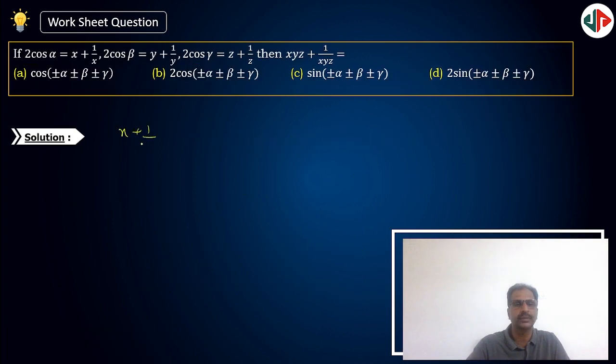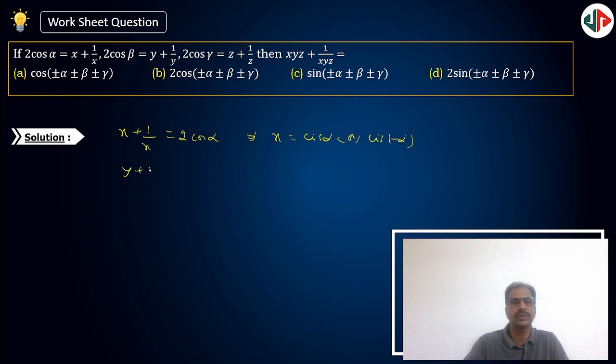This is the short method. X plus 1 by x is equal to 2 cos alpha implies x is equal to either cis alpha. You can take x is equal to cos alpha plus I sin alpha or cos alpha minus I sin alpha.